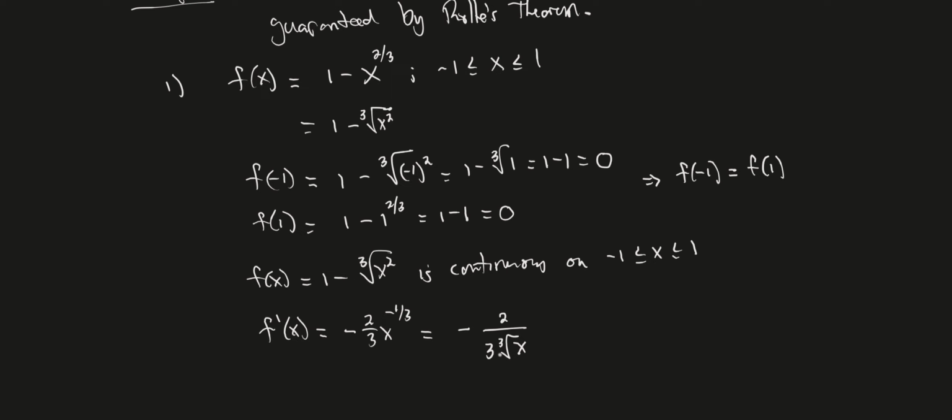Now that we have this cube root of x in the denominator, at x equals 0, which is inside this interval, this derivative does not exist, right? So this derivative, I should say, f prime of x, does not exist at x equals 0. You try to plug 0 into this derivative and you're going to get something that does not exist. It's undefined.